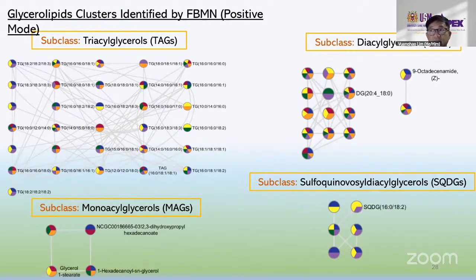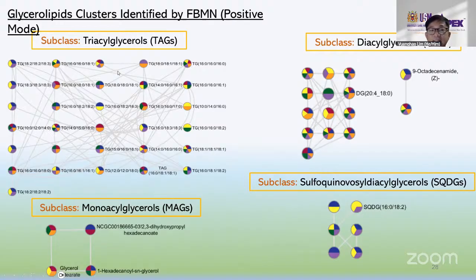glycerolipids, which we have as glycerolipid classes. Among the lipid subclasses identified, glycerolipids are represented by one of the largest groups, as you can see here. This includes triacylglycerols as one of the subclasses, and also diacylglycerols, monoacylglycerols, and sulfoquinovosyl diacylglycerols, SQDGs.